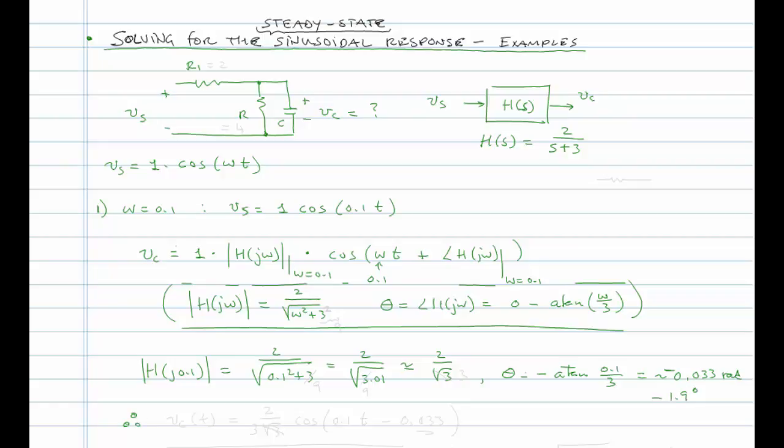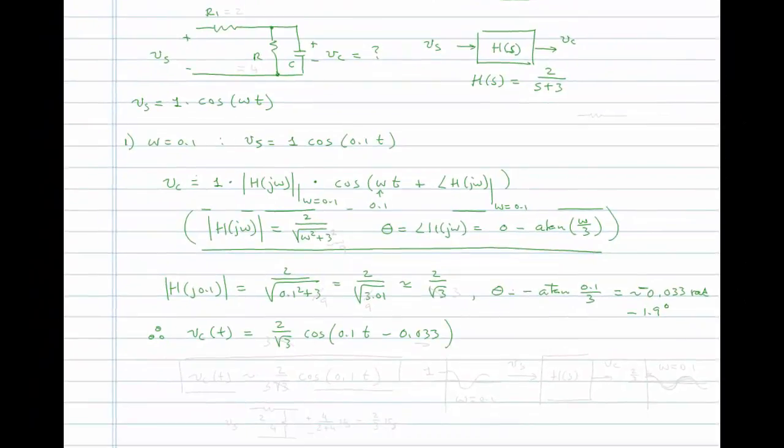So therefore, our response is 2 over 3 times cosine of 0.1 t minus 0.033 radian. And of course this is approximately 2/3 cosine of 0.1 t. I mean, this is very, very small, 1.9 degrees.